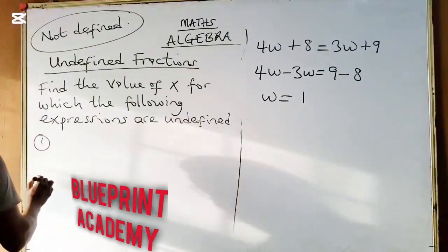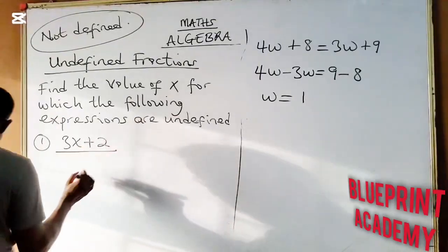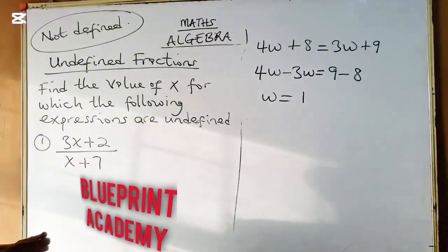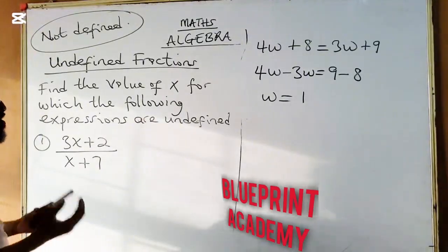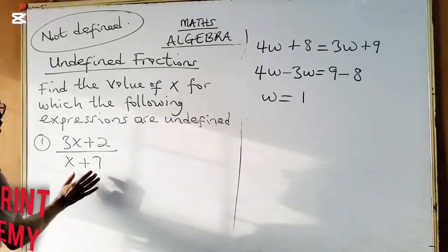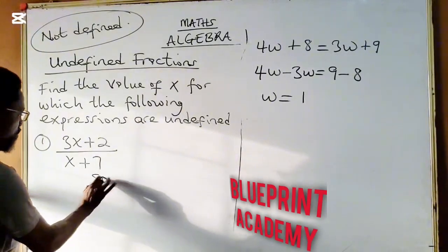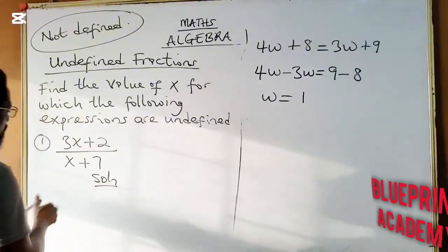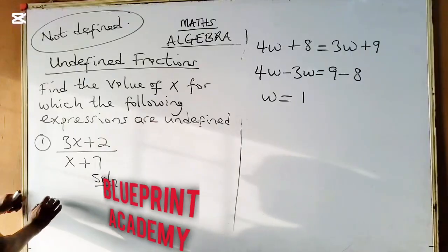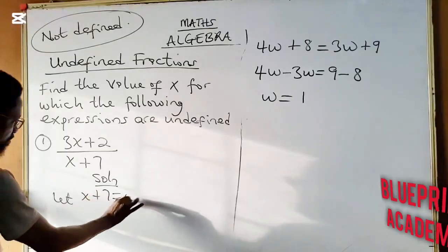The first one you have is 3x plus 2 all over x plus 7. Now when you have something like this, an undefined fraction, what you simply do is work on the denominator only. You work on the denominator and you get the answer. So I will equate the denominator to 0.